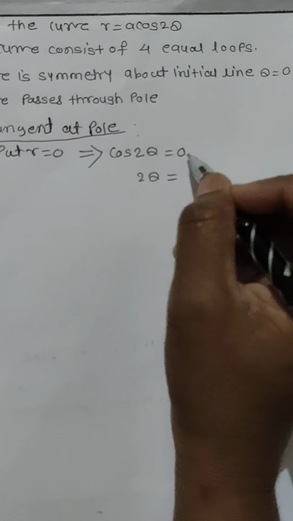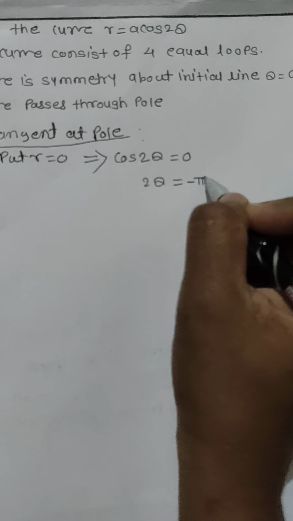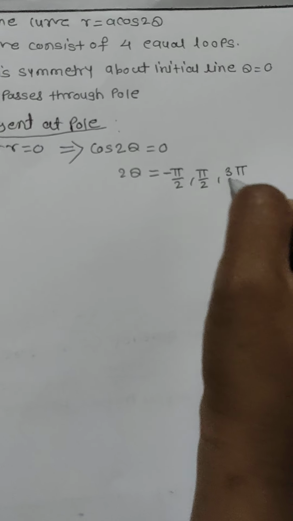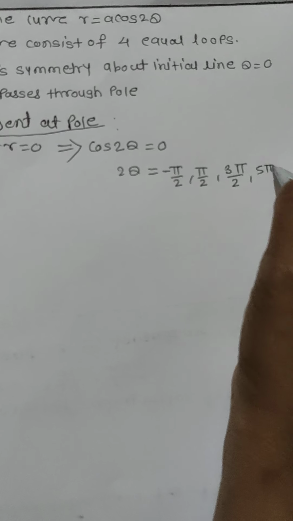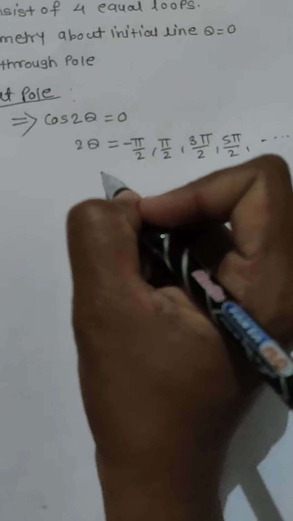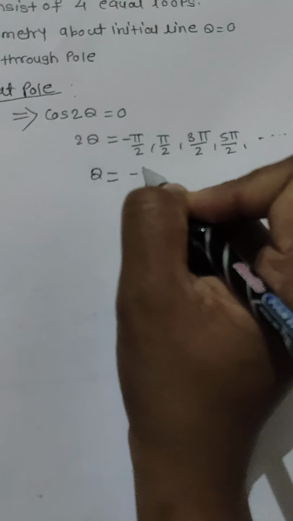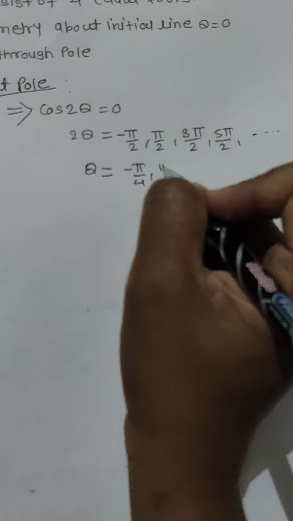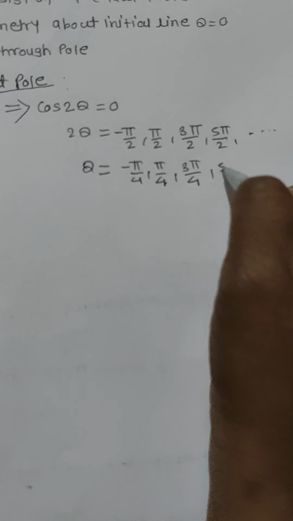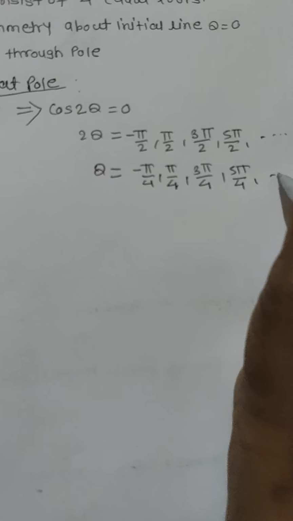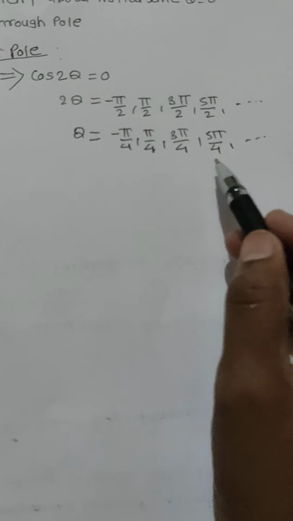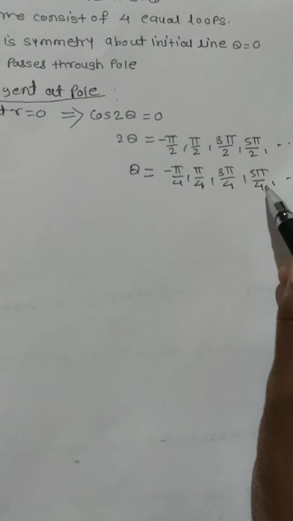The possibilities are −π/2, π/2, 3π/2, 5π/2, 7π/2 and so on. So the values of θ are −π/4, π/4, 3π/4, 5π/4, 7π/4 and so on. In that way we find the tangent at the pole.